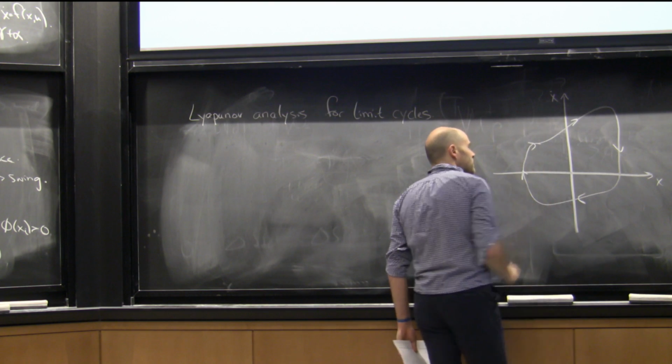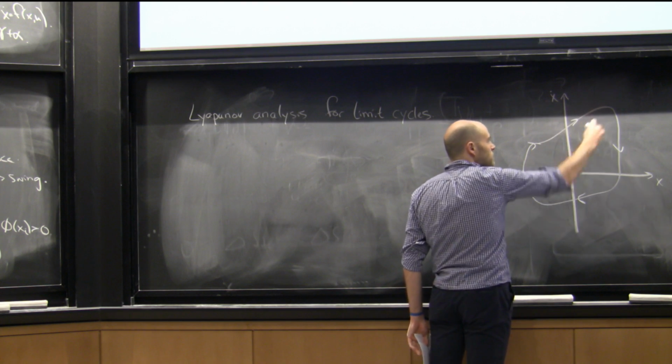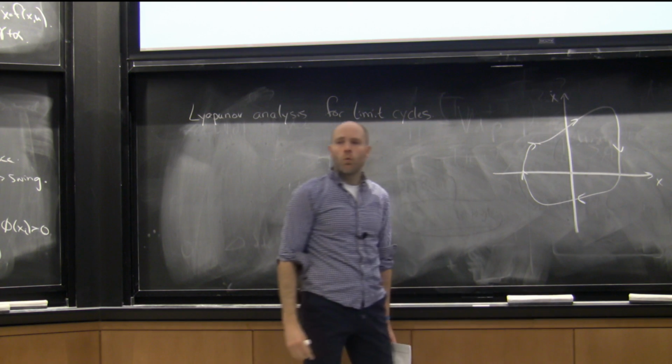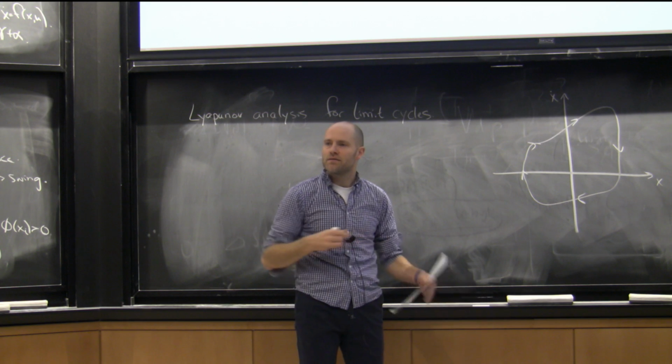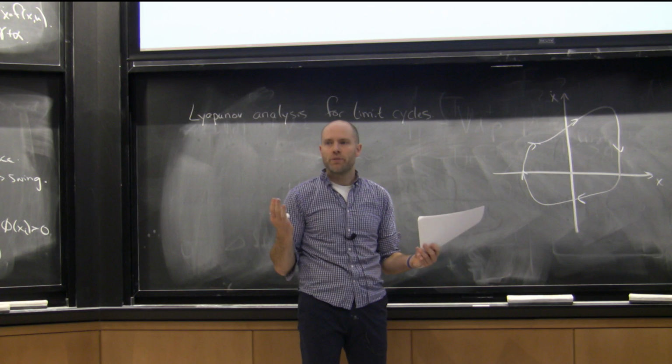We know from simulation that if it started out here it would converge, and started in here it would converge. What does stability analysis of that thing look like? What is the notion of a region of attraction of a periodic solution?